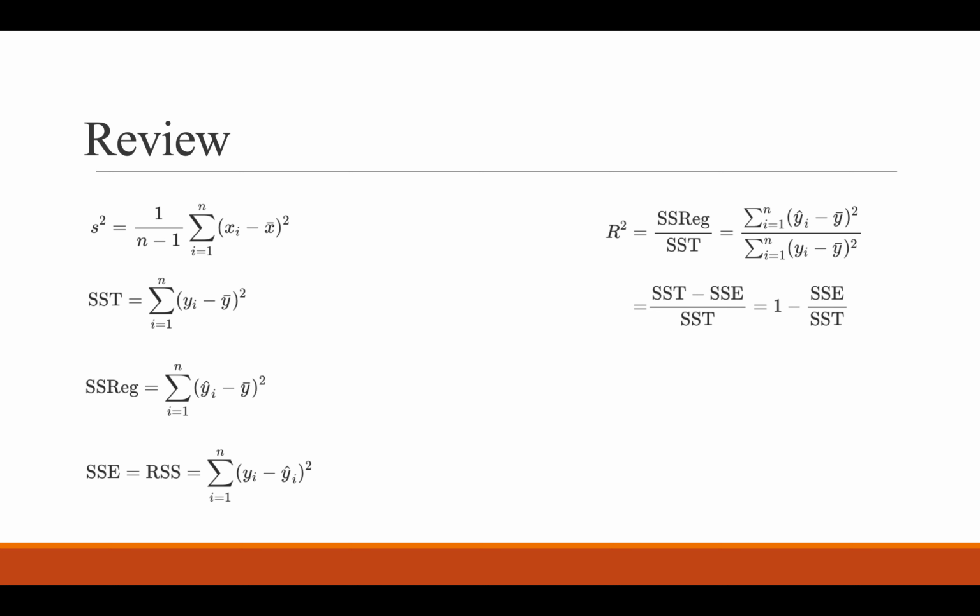We also learned the decomposition of the variance: the sum of squares total, the sum of squared regression, and the sum of squared errors. We can use all of this information to find the r-squared value, which is also referred to as the coefficient of determination. This value gives us a good broad example of how well our data is fitted by the model.